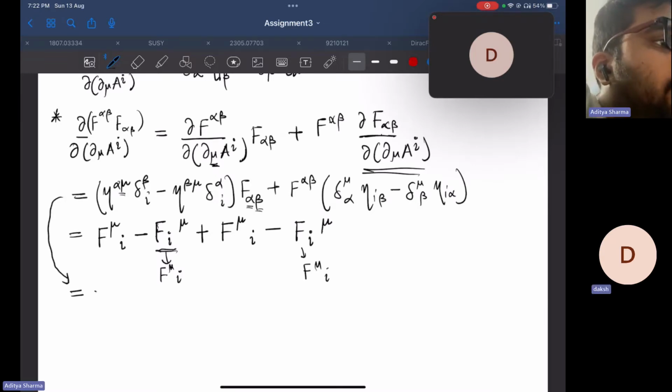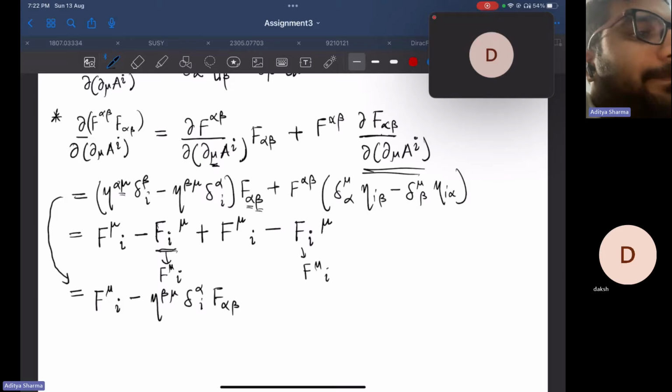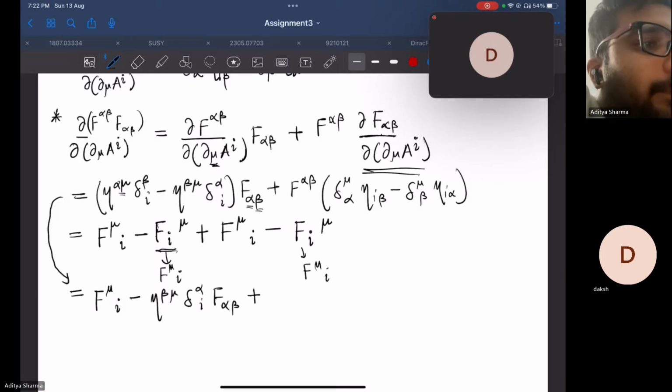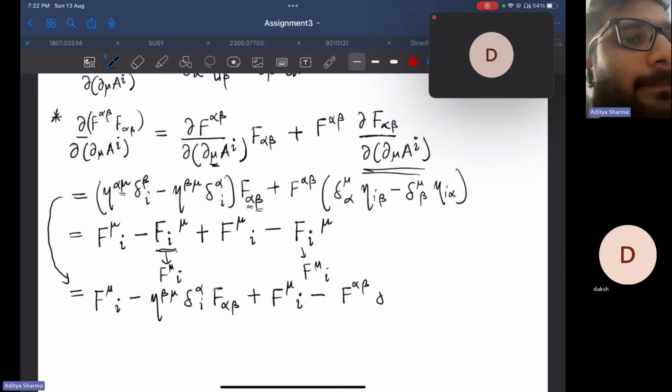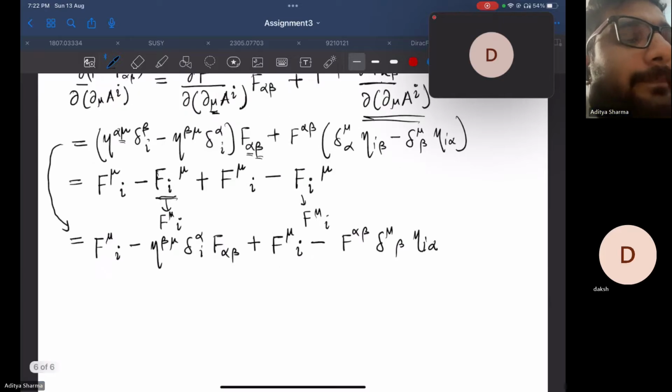The first term is f mu nu I minus beta mu delta alpha I f alpha beta, plus the first term is f mu I minus f alpha beta mu beta k alpha.